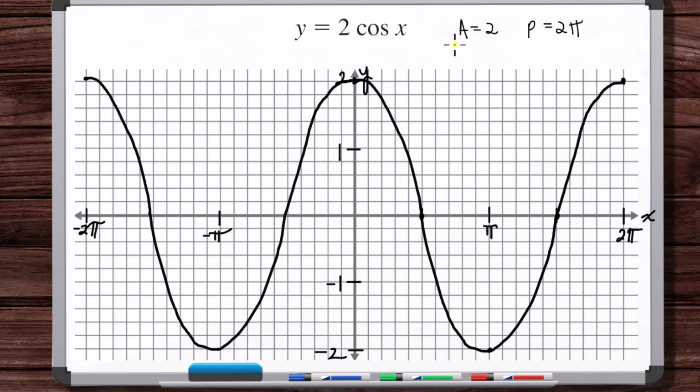Then the frequency is 1 over the period, so 1 over 2 pi, which makes sense: 1 cycle for every 2 pi. And the angular frequency is, to go 1 cycle, it's 2 pi radians, so 2 pi divided by 2 pi is just 1.